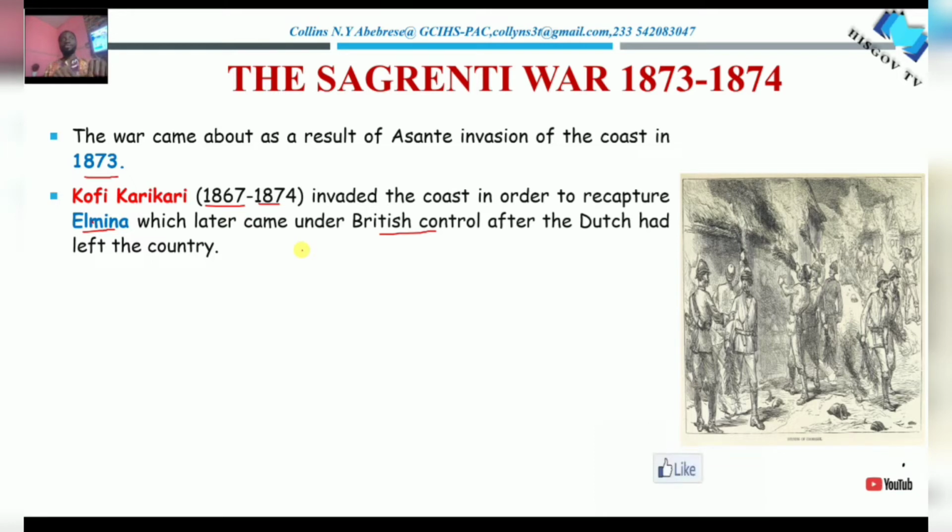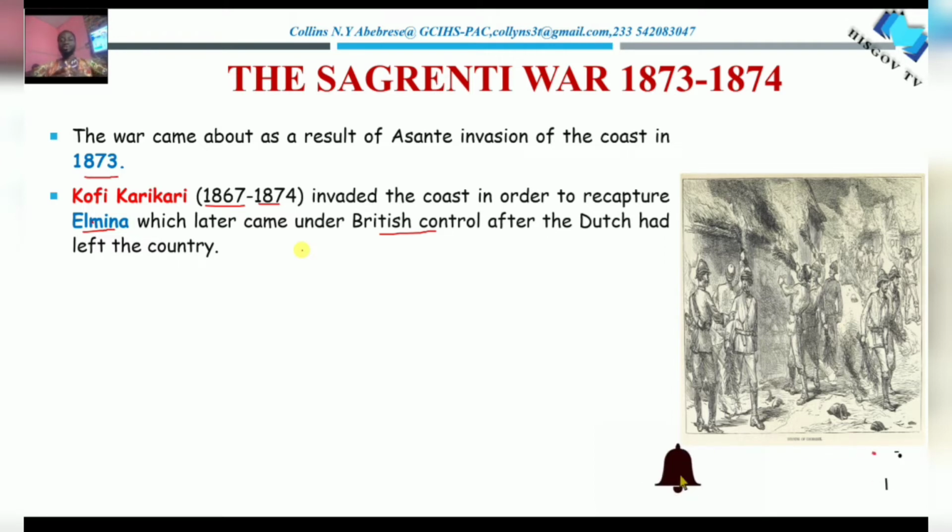In that agreement, Elmina, which was formerly for the Dutch, was now going to be under the authority or protection of the British.